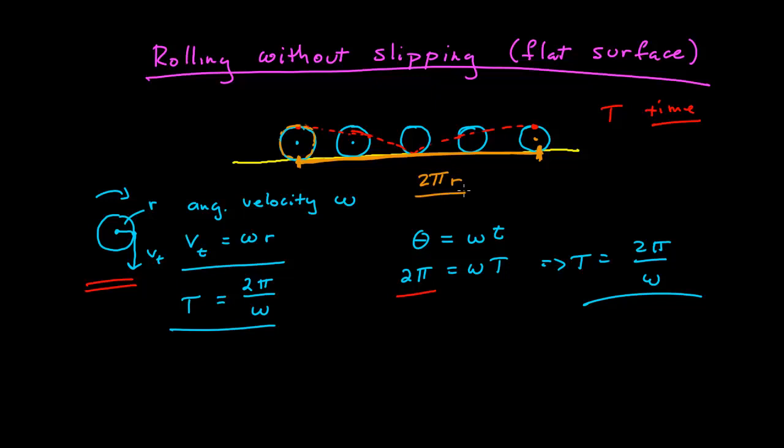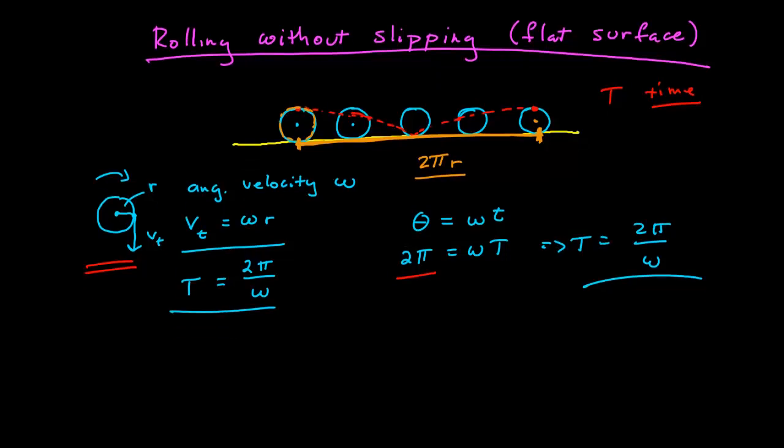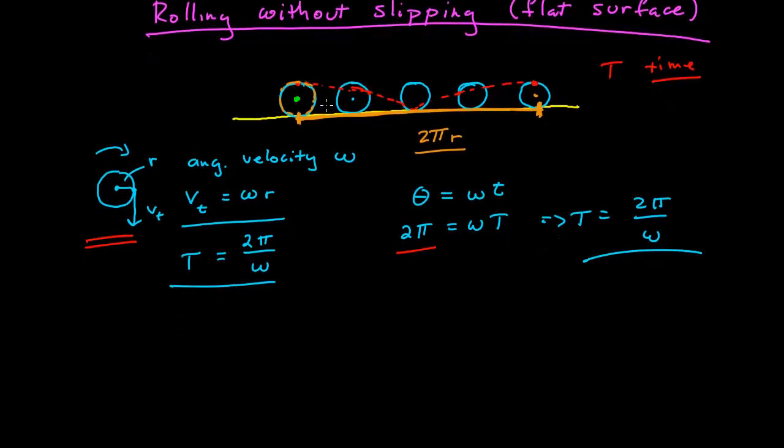So what is the velocity then of the center of mass of this object? I'm not looking for the tangential velocity. I'm now looking for the velocity of the center of mass of this object. Well, the velocity of the center of mass is equal to the distance covered divided by the time, since we have constant rotation.